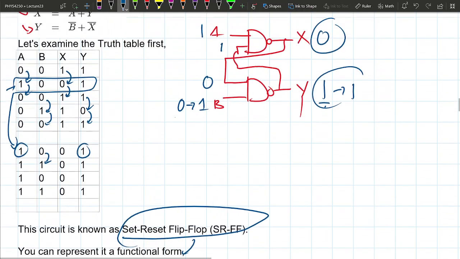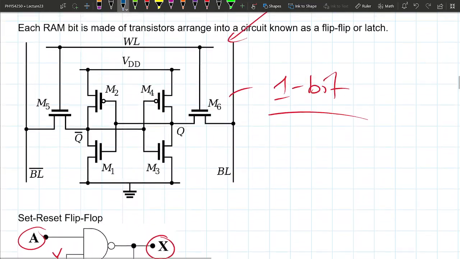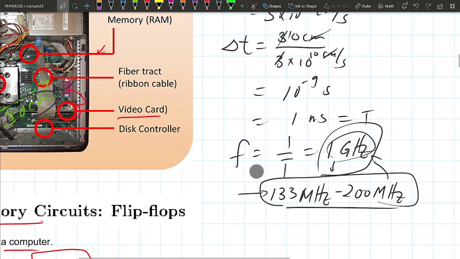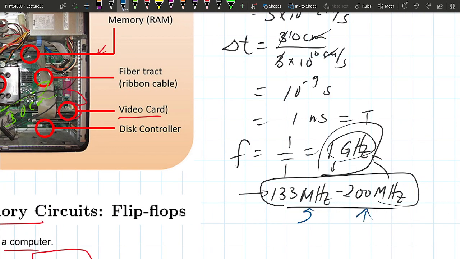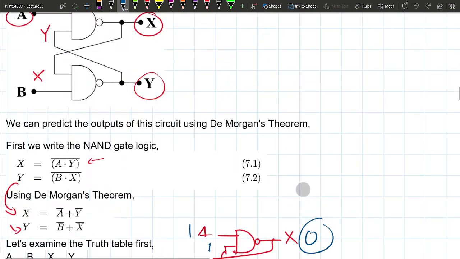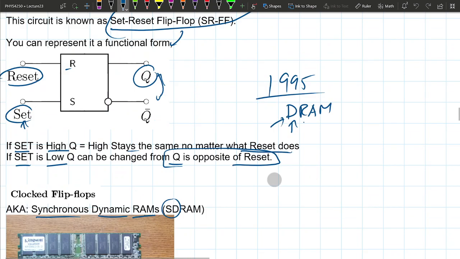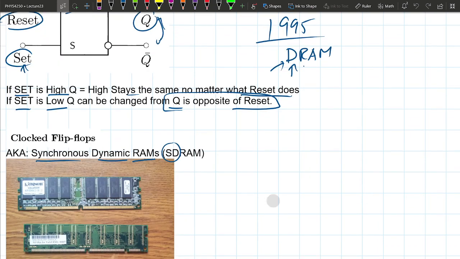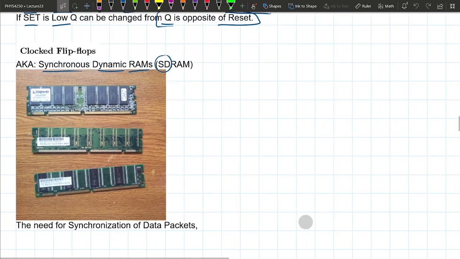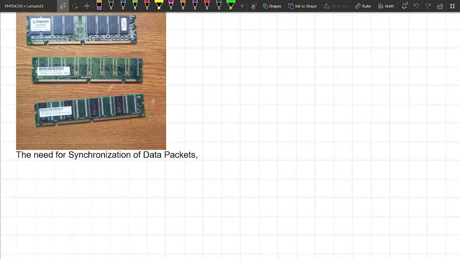This is the reason why I was talking about this up here, where your motherboard sets this frequency or this delta T so that all the processes get synchronized inside your computer, so that things aren't just being done in a random place. Now we're going to have to talk about this thing called data packets.